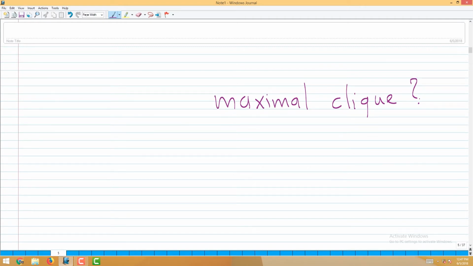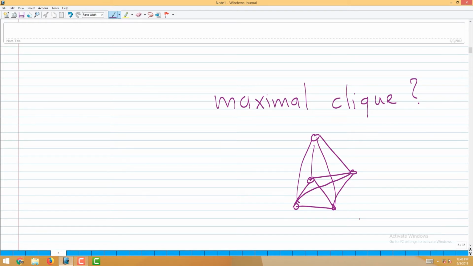So, you take a clique, suppose this is a clique here in the graph, and then you see whether any other vertex can be added to the clique. That means, if there is any vertex outside which is connected to all the vertices here, then we can make it even bigger, right. At some point of time you will have to stop.